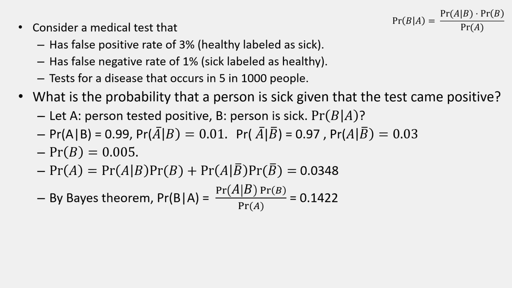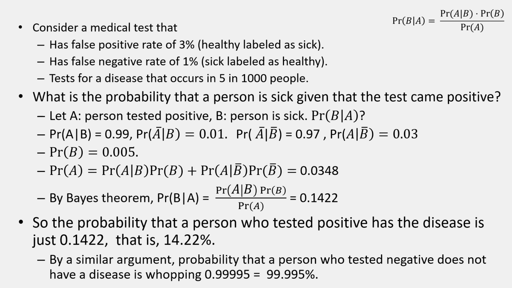And the main reason why this number is so low is because it's a rare disease, and intuitively the chance of the test coming positive on a random person due to making a mistake, getting a false positive, is much higher than tests coming up positive on a random person because that person is sick.